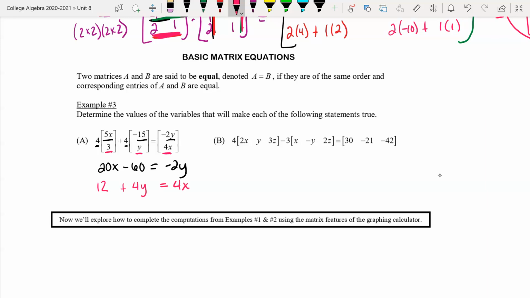That's kind of up to you how you want to solve it. I'm going to take the second equation and divide everything by 4. So I'm going to get 3 plus y equals x. So I know what x is. I'm going to take that, I'm going to sub it into the other equation. I'm going to solve it like a system.